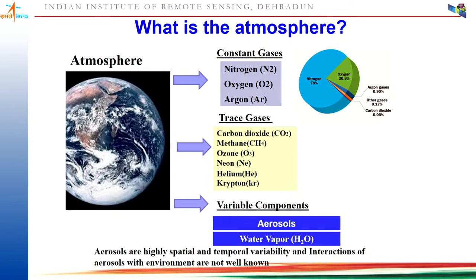Most of you know about the constituents of the atmosphere, so not much detail about it. The important aspect is that the atmosphere is composed of constant gases, you know all about that, nitrogen, oxygen, argon, but also certain trace gases, which are small in quantity but highly varying.